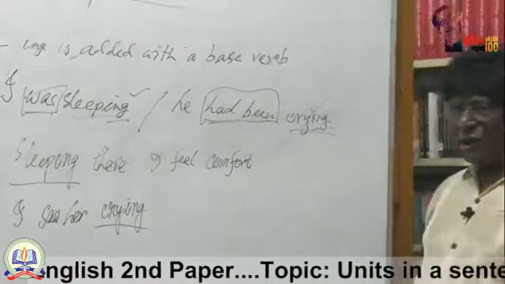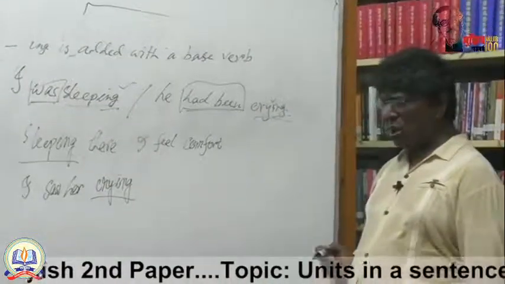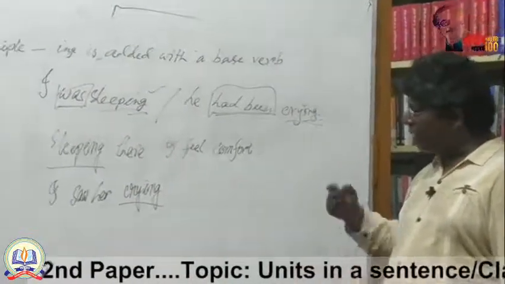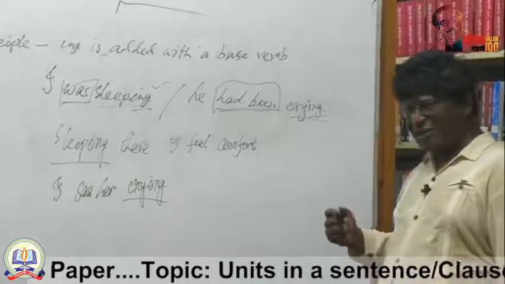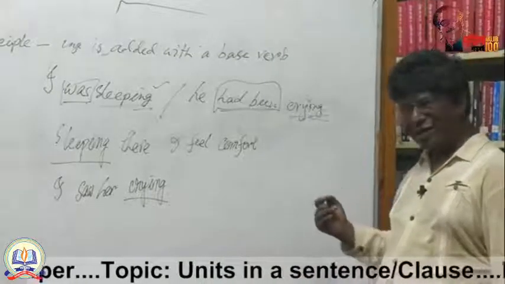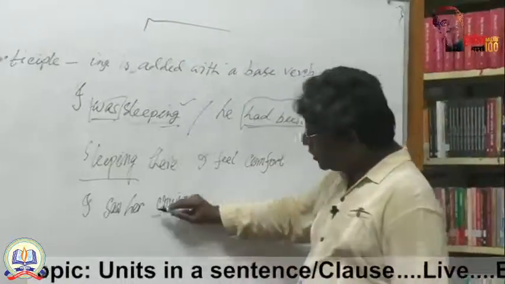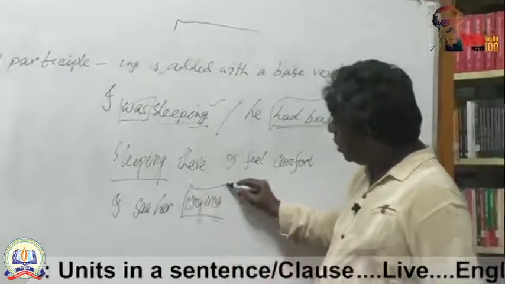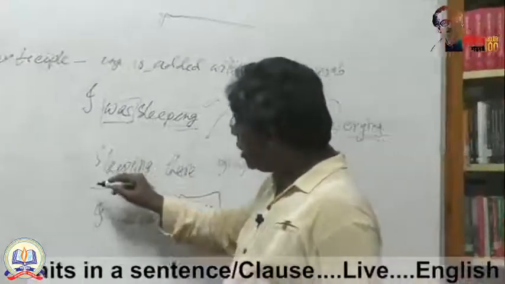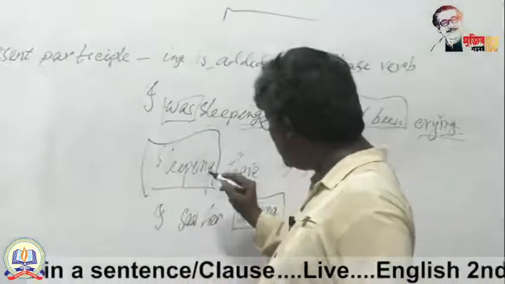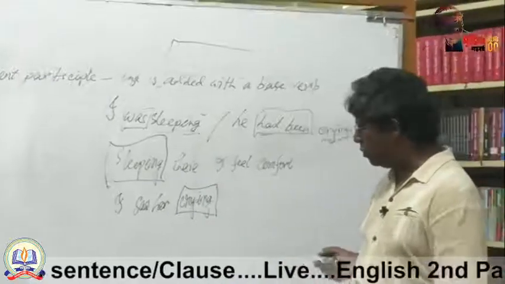That is, they do not make any finite verb, as they are not presented in either of the 12 verb forms. So they are called verb forms apart from any tense form.